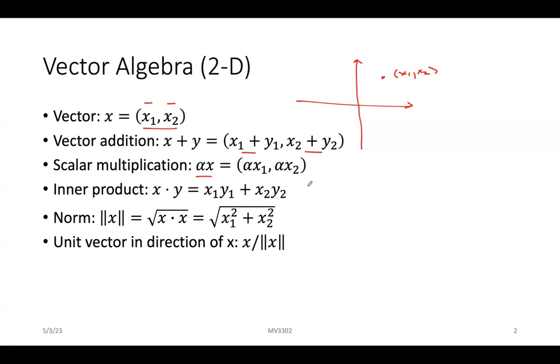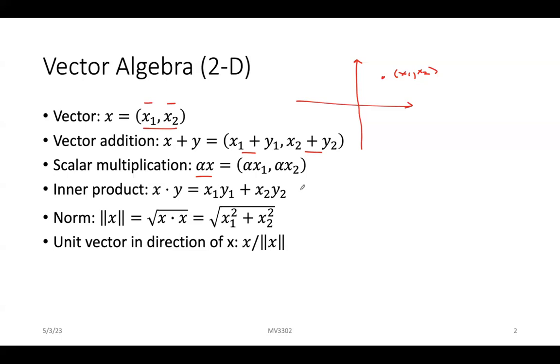There are at least 2. There's the inner product, and there's a so-called outer product, which we won't be using, but it turns out the inner product is very useful. In the inner product, we multiply each of the respective components together and then add them.